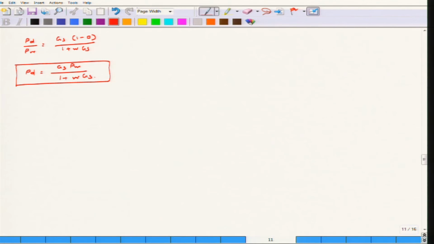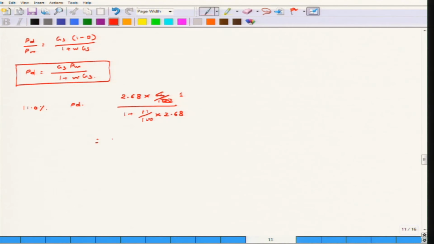Now for different water contents, let us say your water content is 11%. Then for the zero air void line you will get rho d, with Gs already taken as 2.68, as 2.68 into rho w, if it is in gram per cc, divided by 1 plus 11 by 100 into 2.68.